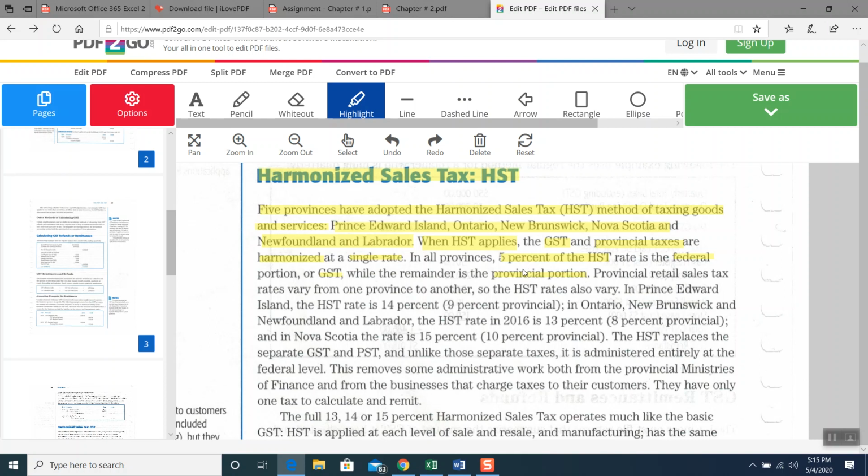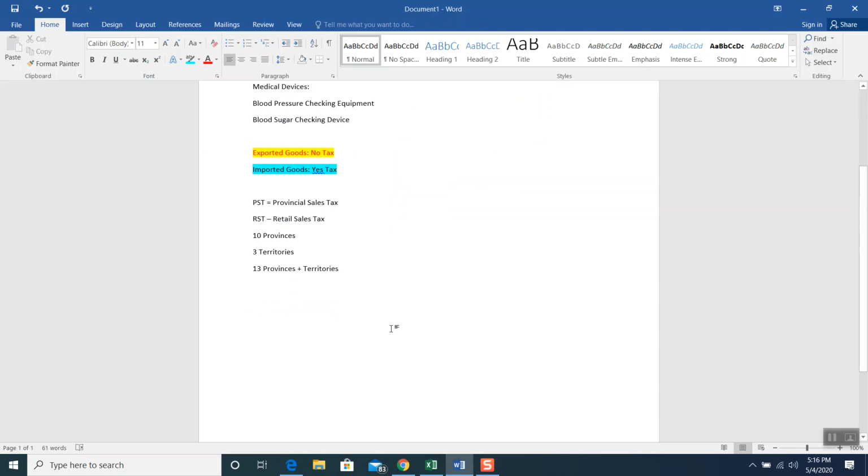Karan comes to me, sir, for example, for Ontario it's 13. So if I do GST equal to 5%, PST equal to 8%, and HST equal to altogether 13%.